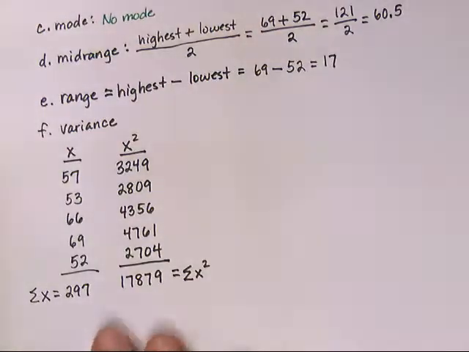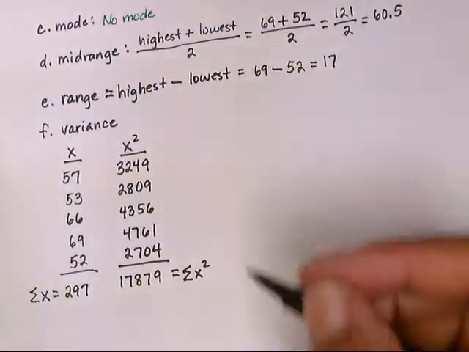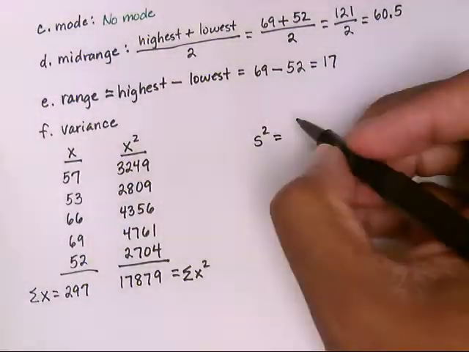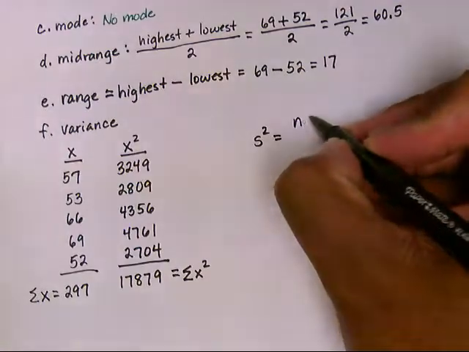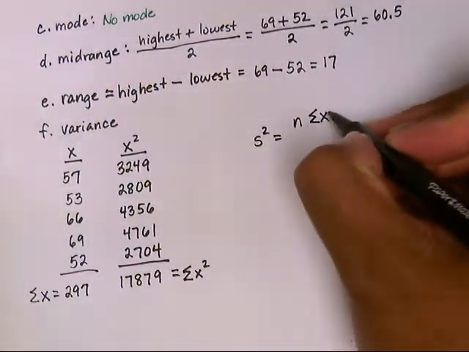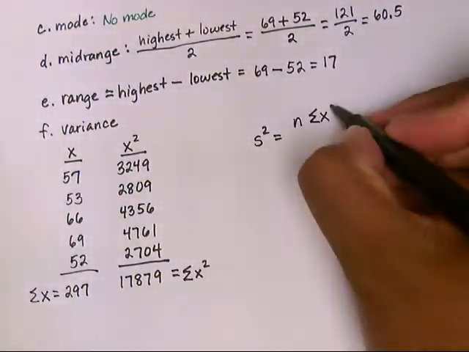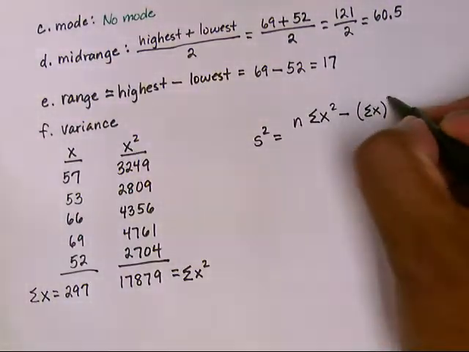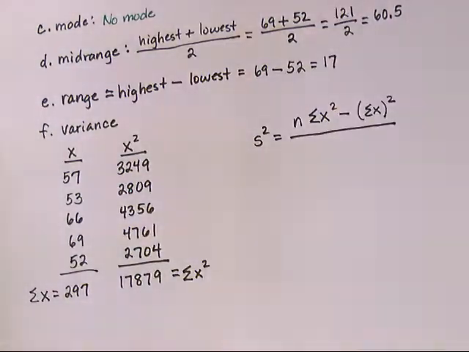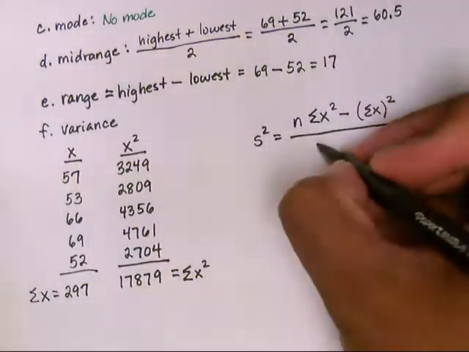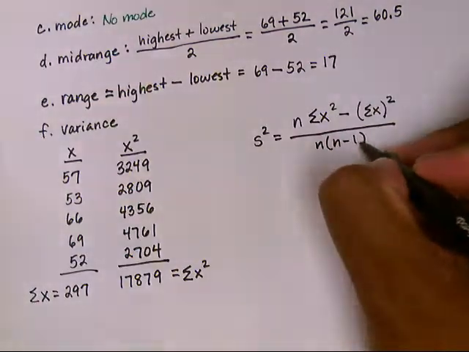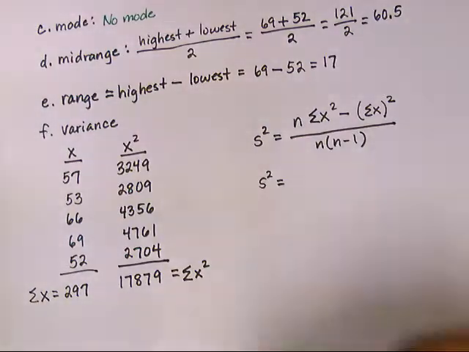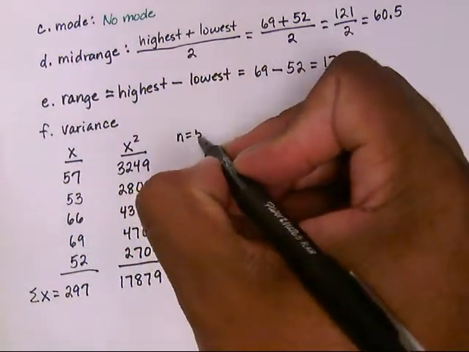Now these numbers here are what's going to help me find out what the variance is, because the formula for finding the variance of a data set would be this. This is s squared, and that's equal to n times the sum of your x squares, minus the sum of the x's, and that amount will be squared, all divided by n times n minus 1. In this case, n is going to be 5 because there are 5 data values here.